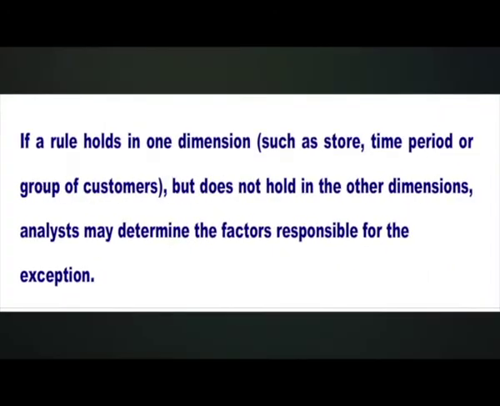If a rule holds in one dimension, for example store, time period or group of customers, but it does not hold in other dimensions, analysts may determine the factors responsible for the exception. These insights can result in fresh product offers driving greater revenues for the shopkeepers.